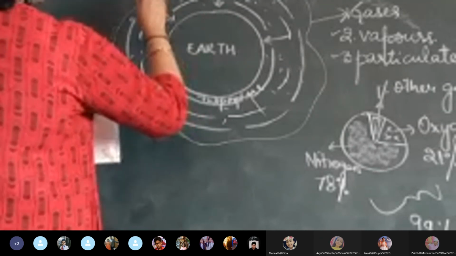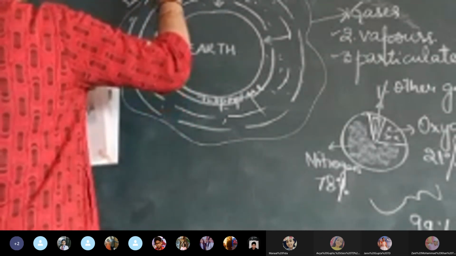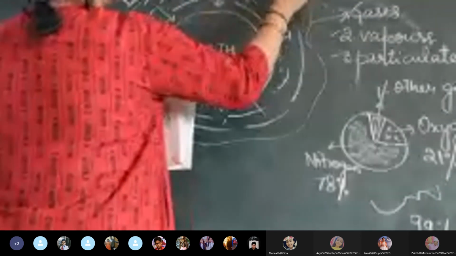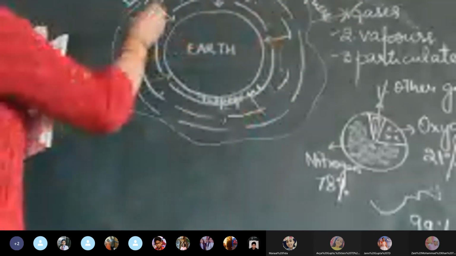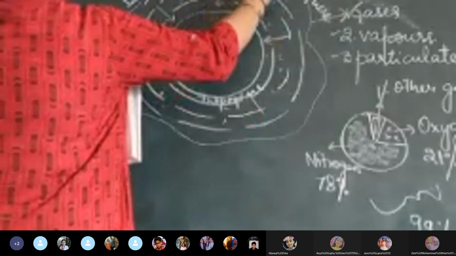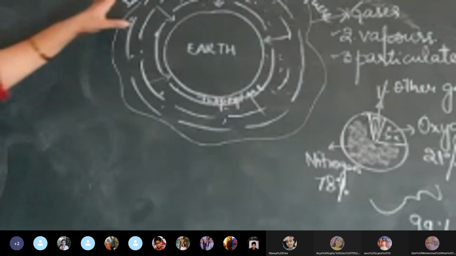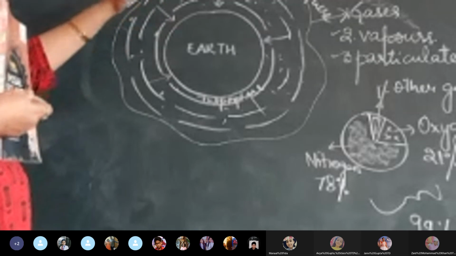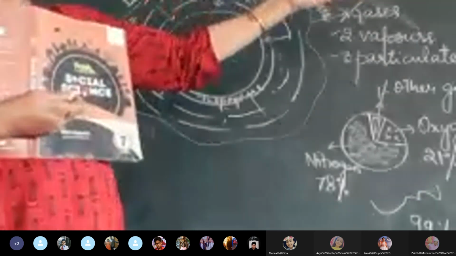The ones which are closer are ionosphere, and the ones which are farther away are exosphere. Get it? Thermosphere is divided into two, there's just a little demarcation of layer. The ones a little closer to mesosphere are ionosphere, the ones a little away from mesosphere are exosphere.